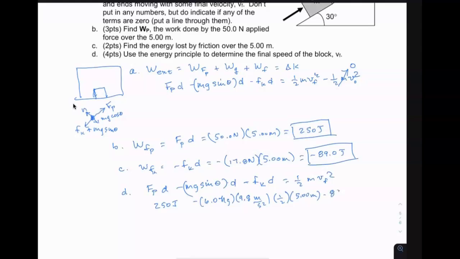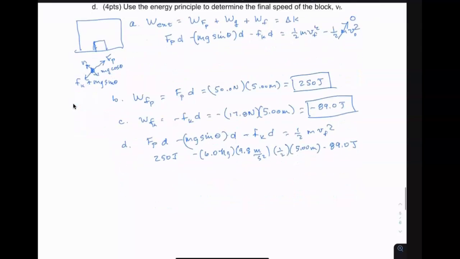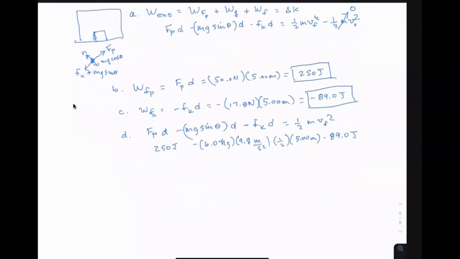So it's minus 89.0 joules. And that's equal to 14.0 joules.